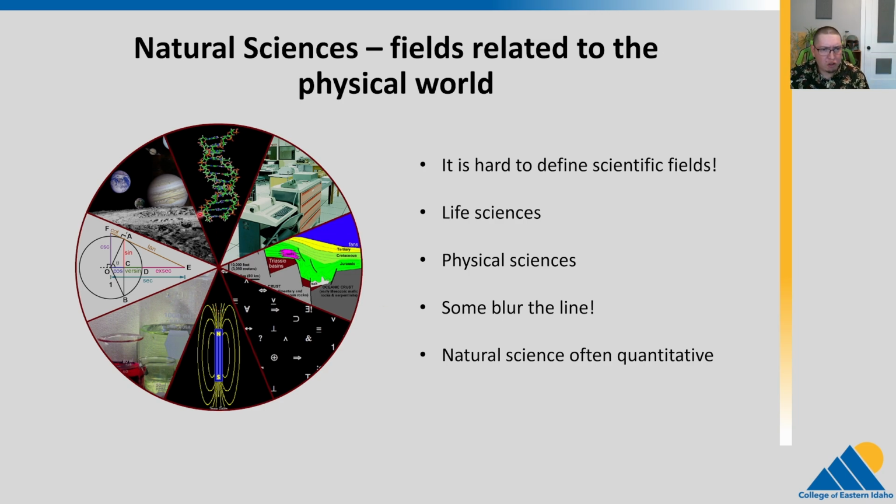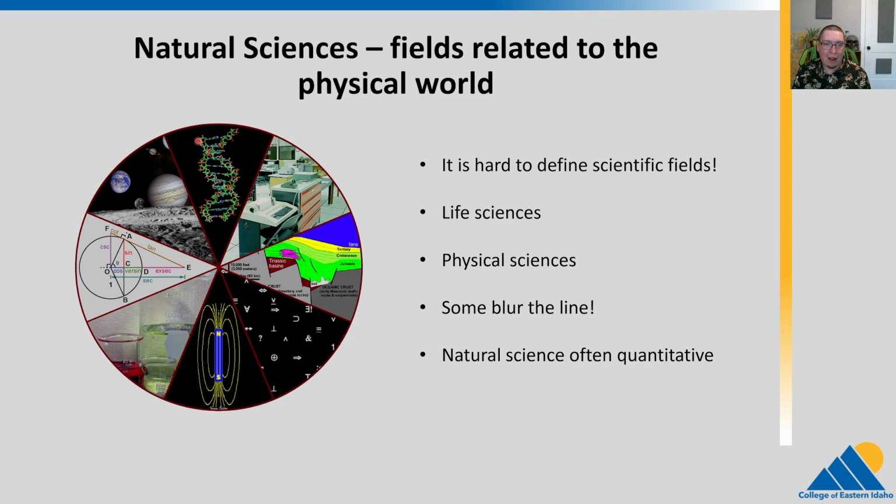So we've got this chart here, and it's kind of got all kinds of different what we would call natural sciences. Natural sciences relate to our physical world and the processes that are going on in there. Now, you're going to want to know, is this chemistry, or is this biology, or is this physics, or sometimes those lines blur.